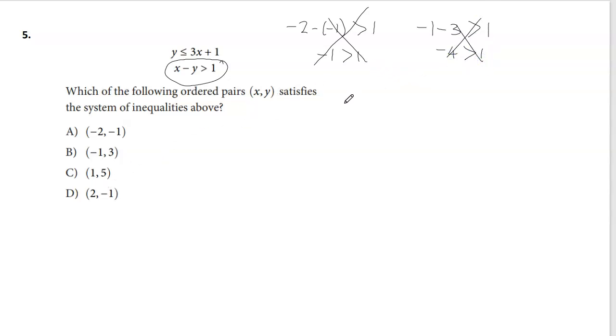We move on to the next one. We have a 1, which is this one, minus 5, greater than 1. Is this true? That's absolutely not, because on the left side we got minus 4. On the right side, we still have our 1. So it looks like this is the only answer which is true.